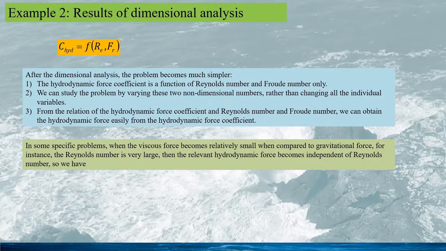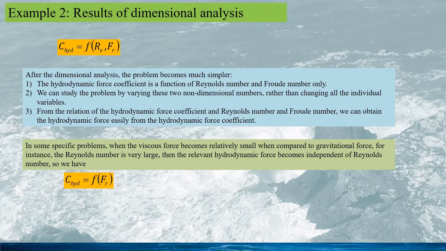In many practical problems, when the viscous force becomes relatively small compared to the gravitational force, for instance, when the Reynolds number is very large, then the hydrodynamic force becomes independent of the Reynolds number, as we see in the Moody diagram.